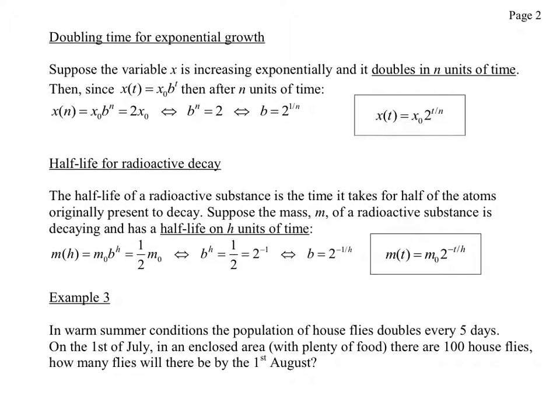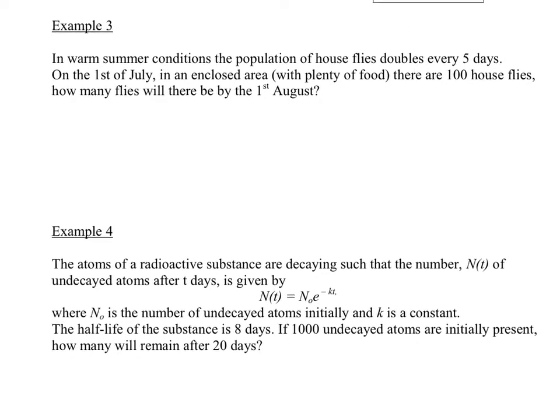And likewise, if it halves every 10 years, you'd be multiplying by 2 to the power of negative t divided by 10. So it's always divided by however long it takes for it to double. So there's an example of that just here.